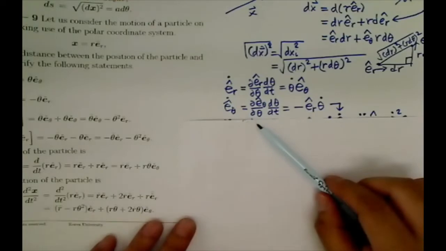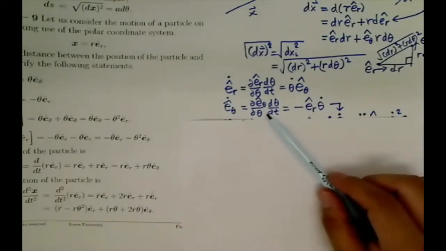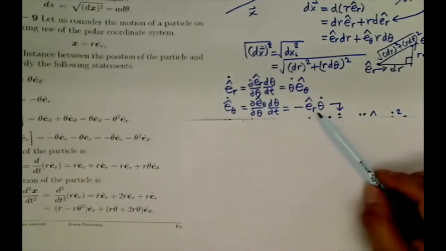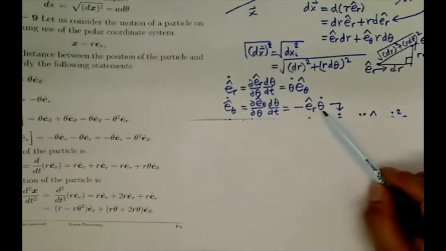Because of this, the partial derivative of e_theta hat with respect to theta is minus e_r hat, and this one is theta dot. All right.